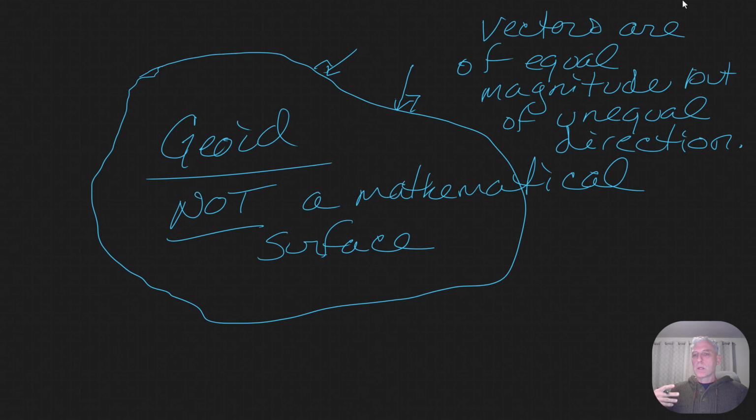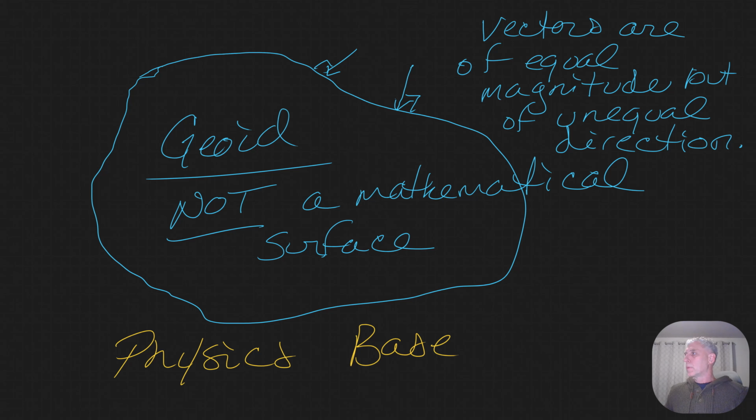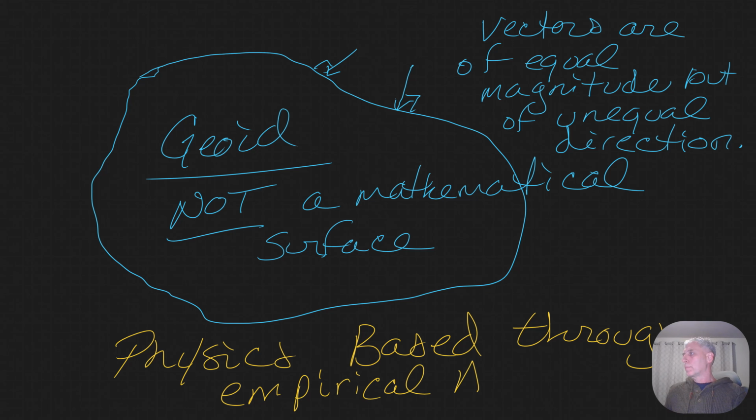Now, here's the rub. While I am comfortable with physical geodesy and the physics behind it, it is very physics-based, through empirical data. A geoid is constructed through actual experimentation and taking measurements of gravity on the Earth's surface. So it's a completely different animal than what we've been doing.